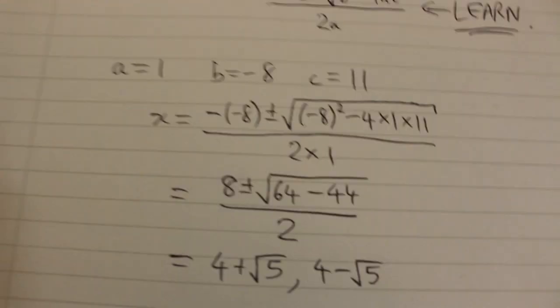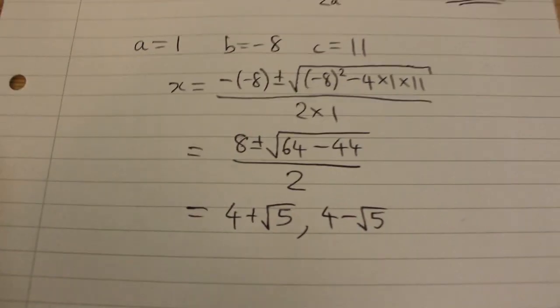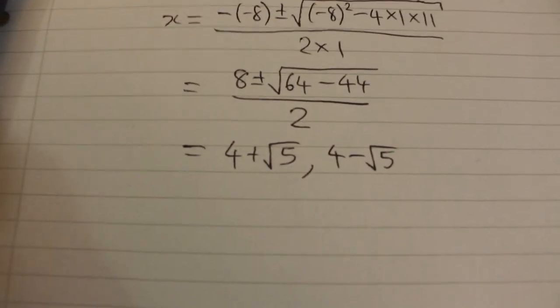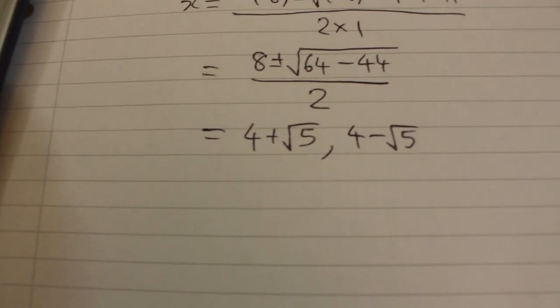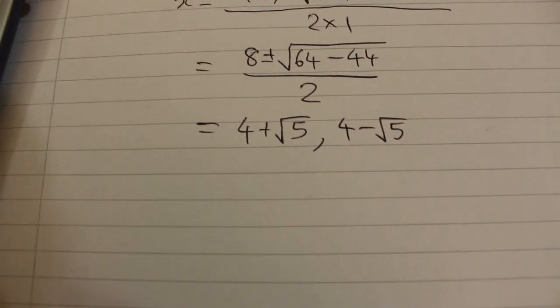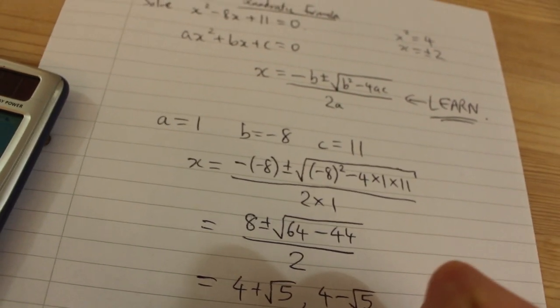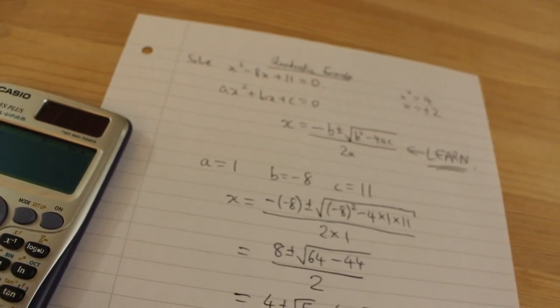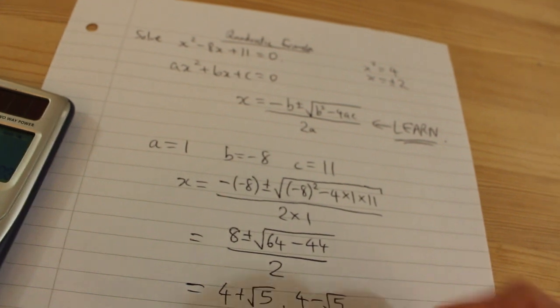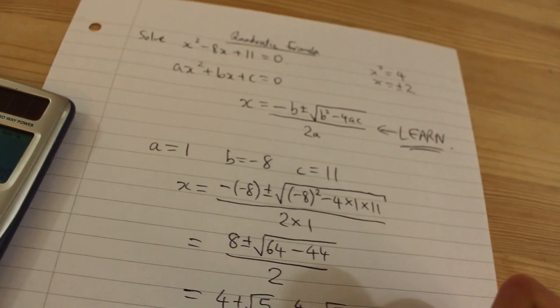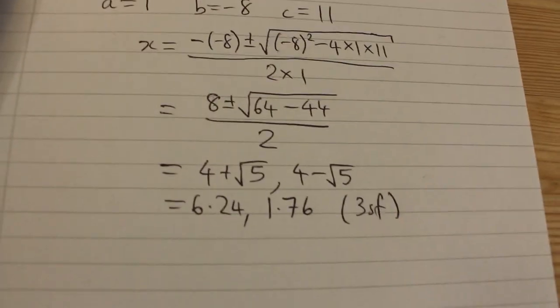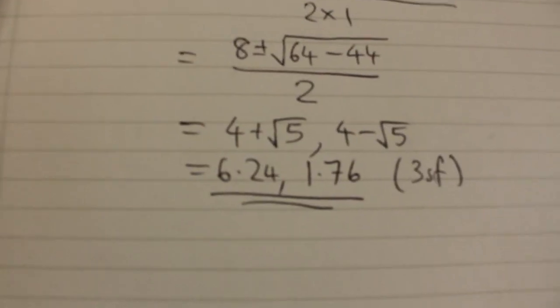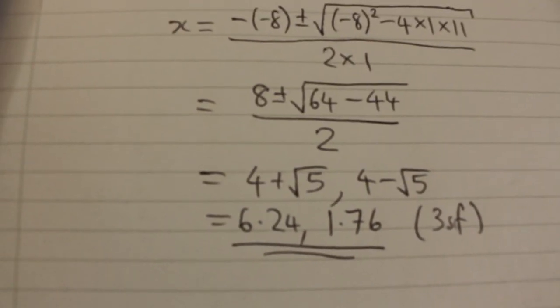So as a decimal, if we just use the calculator, that turns out to be 6.24 and 1.76 to 3 significant figures. And usually the question will advise you about the degree of accuracy to which you need to give your answer.